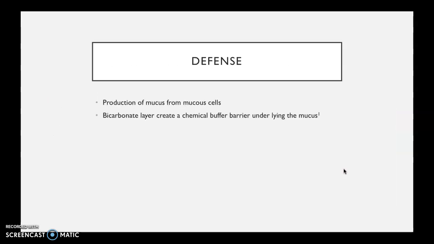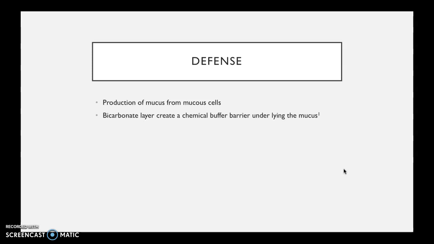Lastly, I will cover defense mechanisms and how they're regulated and why they're important for digestion. The stomach uses two forms of defense. One is the formation of mucus, or creating mucus via mucosal cells, and the second is the bicarbonate layer that is used as a chemical buffer underneath the mucosa.